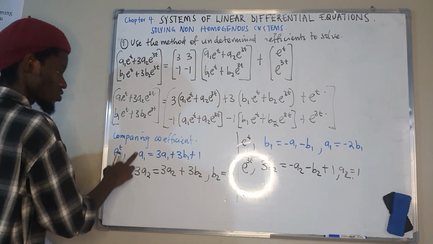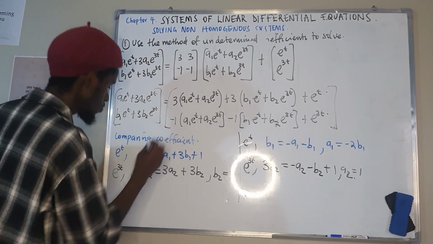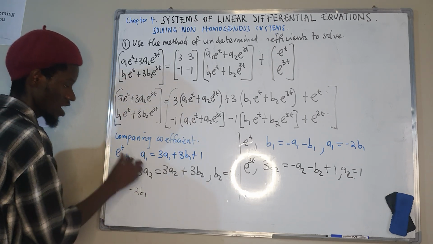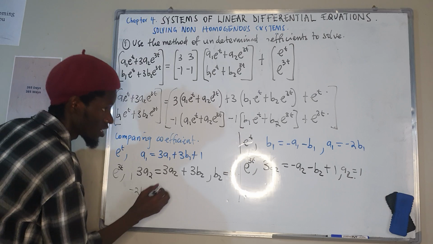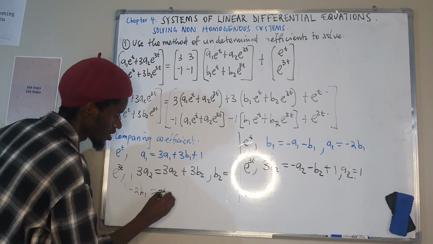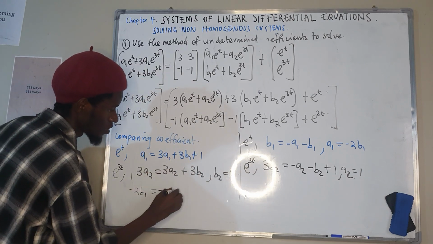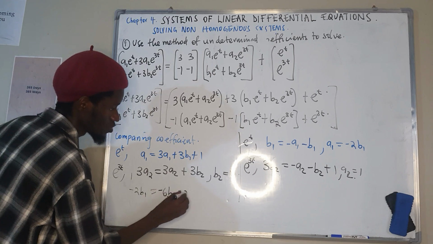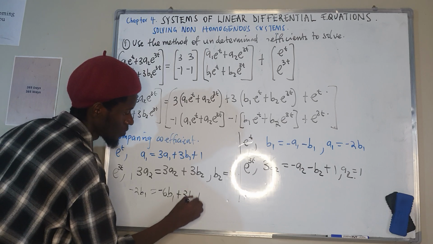If I replace A1 with negative 2B1, I have negative 2B1 equals negative of negative 6B1, sorry, it's not A1, it's B1, then plus 3B1, then plus 1.